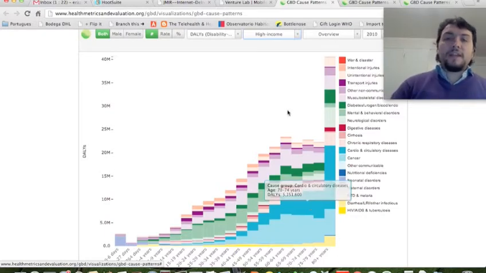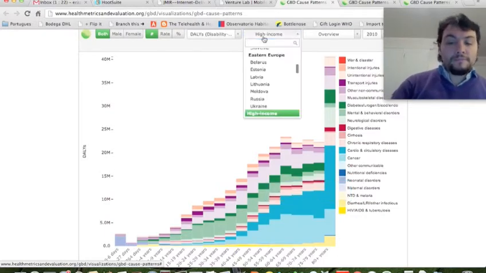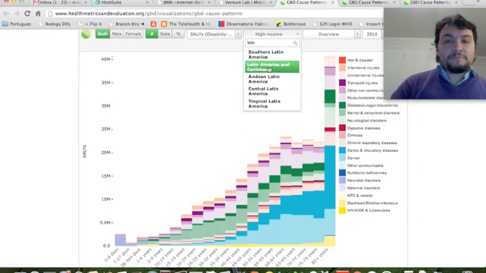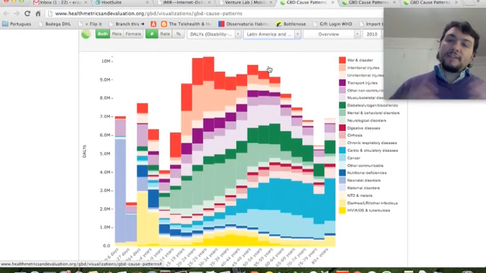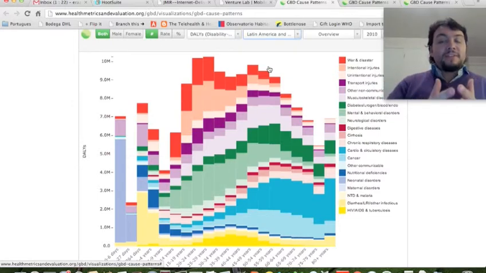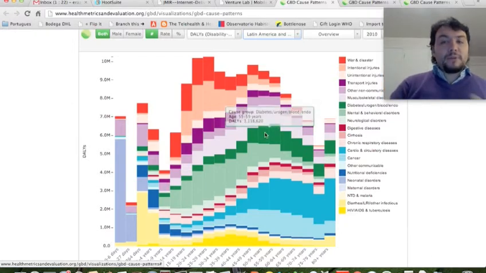What's the situation like in Latin America? As I said, when you see the region as a whole, you'll see that we have a very high burden of disease and that there's a broad set of causes that produce this burden of disease.